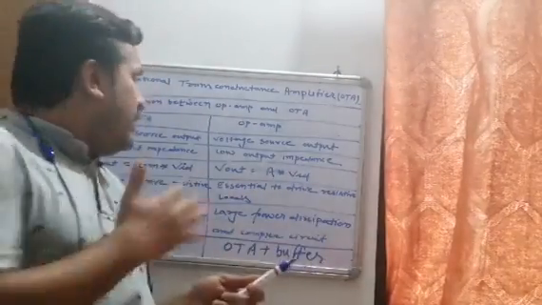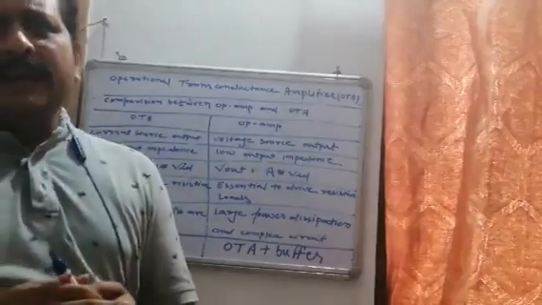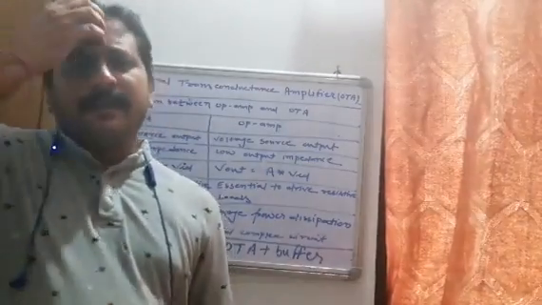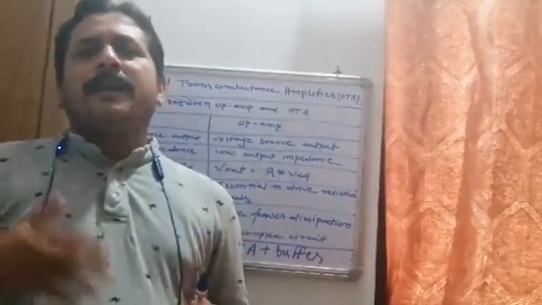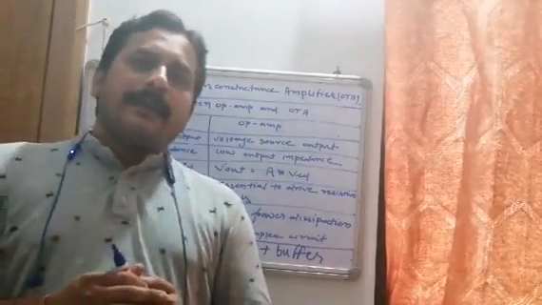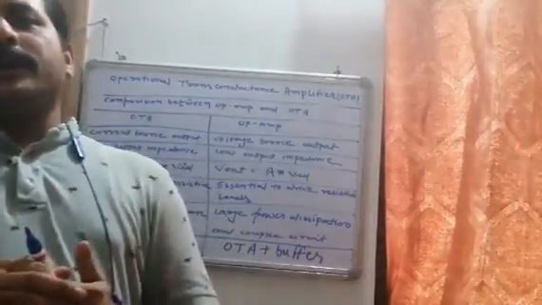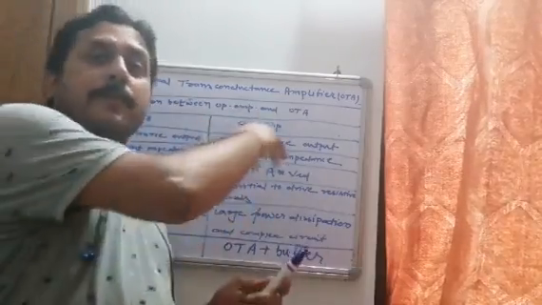Apart from this, there are several other comparisons between OTA and operational amplifier. As I have discussed, an operational amplifier is used to design general purpose analog circuits. Any type of analog circuit we can design with an operational amplifier.